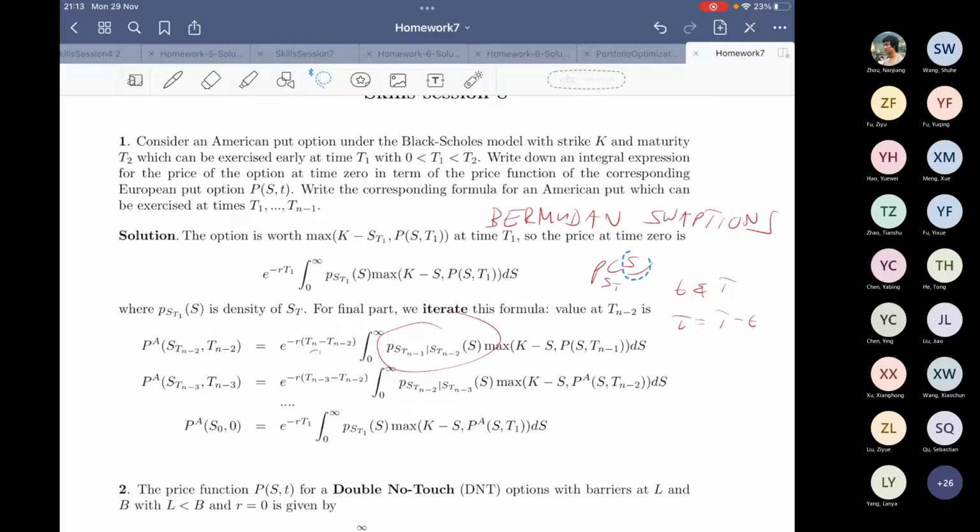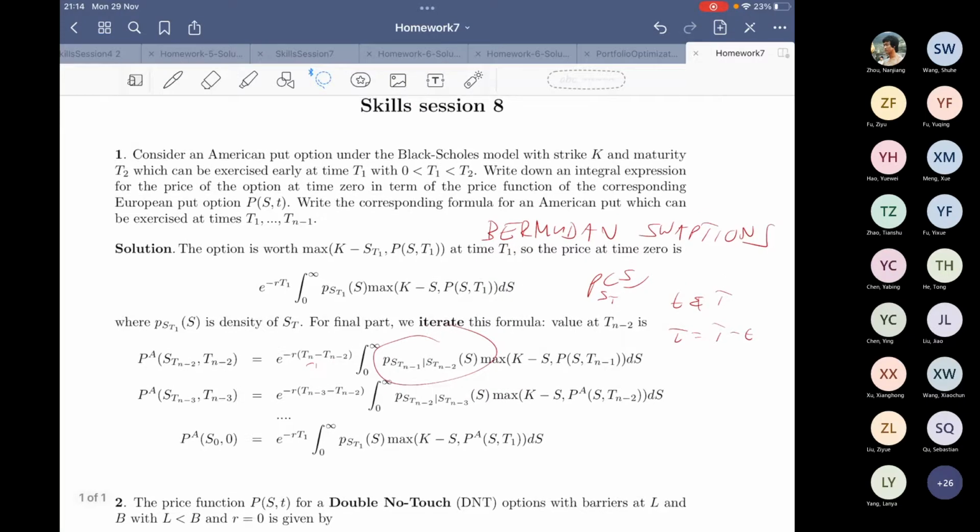So the S_0 gets replaced with S_{t_{n-2}} in that case. So we essentially already have this formula because we have the usual density, and we also have this rule, because the log stock price has independent increments, but I'm not going to go into that again.